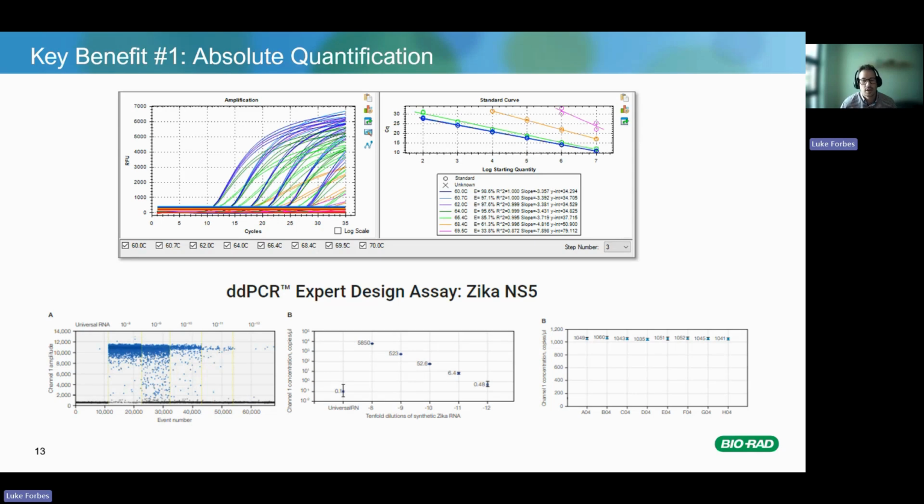For example, it enables accurate quantification without any standards. It can verify the accuracy of a real-time PCR assay for cases where the virus contains sequence variants, which is common in RNA viruses. And ultimately, for low-level quantification, digital PCR is just going to provide easy and accurate results with a much higher confidence level.